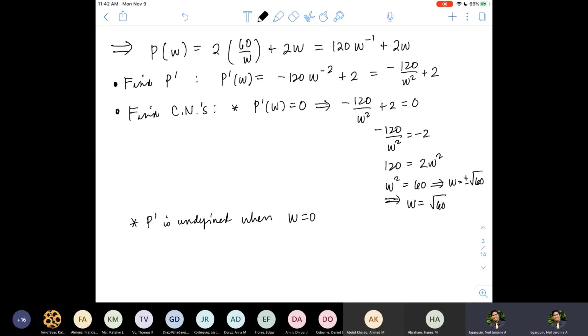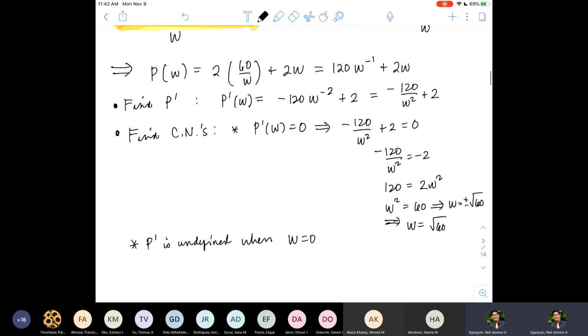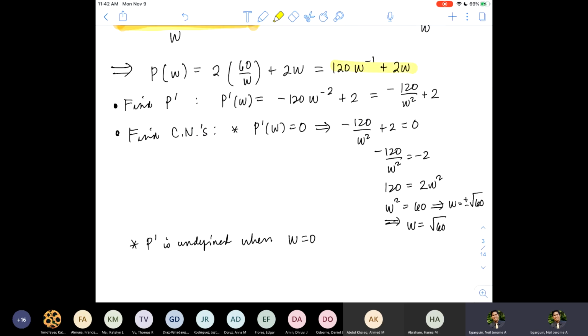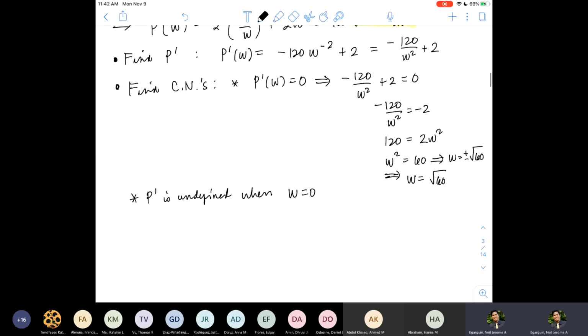Remember that W is a measure of the width of the garden. If W is equal to 0, then you won't have a garden at all, because the width equals 0 means you won't have any area, right? And actually, if you look at our objective function P, it would be undefined as well when W is equal to 0. So we can ignore W equals 0, because it won't be a critical number; it is not in the domain of P.